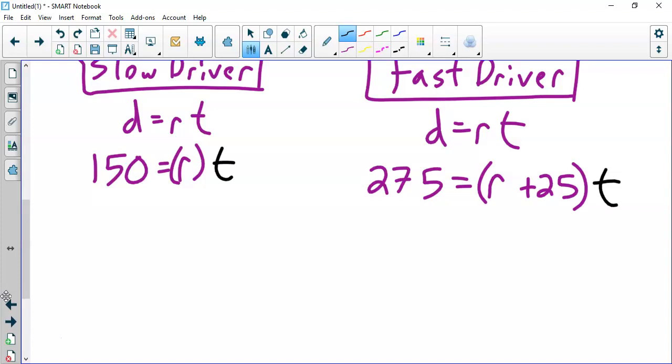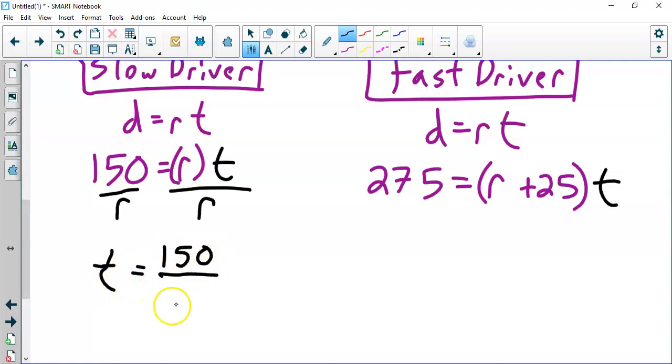How can I get t by itself? Yeah. Divide by what here? Divide by r. So t for this guy is 150 over r. How can I get t by itself for the fast driver?